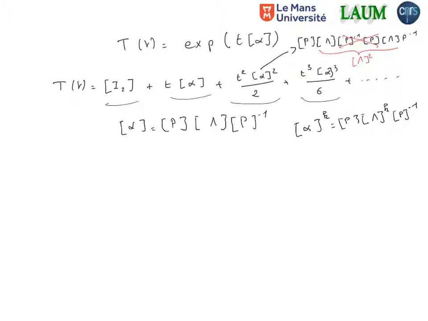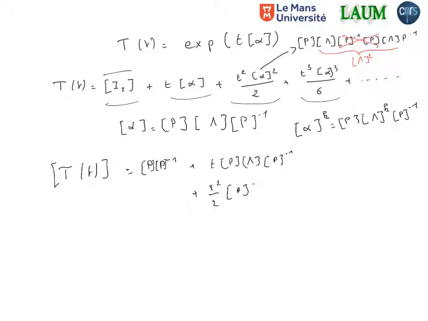So the expression of the transfer matrix is in fact P times the identity times P minus 1, the first term here, plus T P lambda P minus 1 plus T square over 2 P lambda square P minus 1 plus so on.